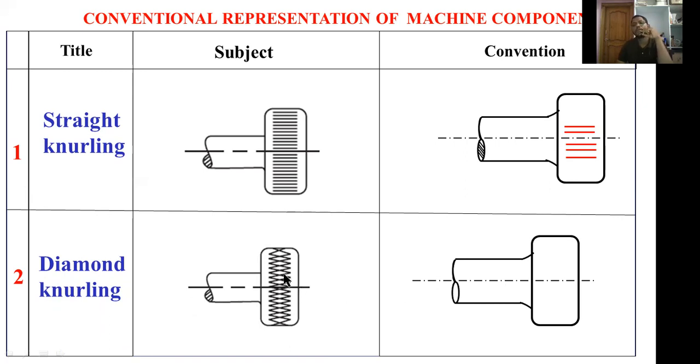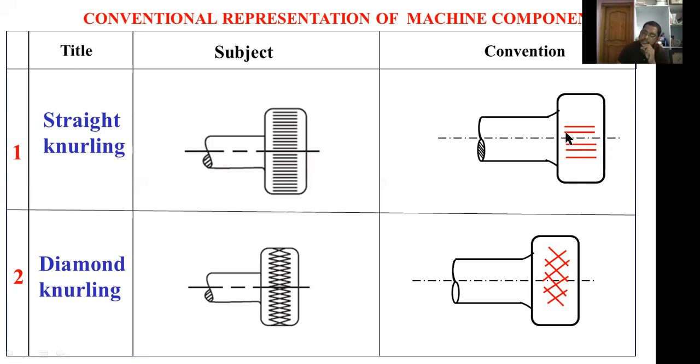For representing these diamond lines, I am drawing crossed lines, that is the hatching lines. These are the left hand hatching lines. Then I am drawing the right hand hatching lines. These intersecting lines produce diamond shape. So these are the example for diamond knurling.